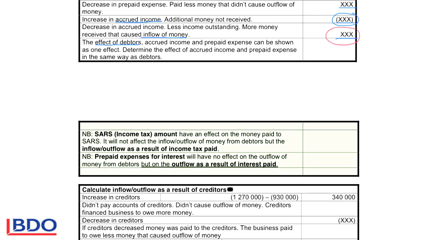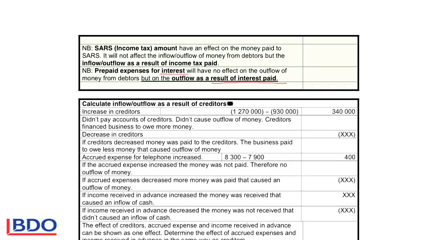So SARS income tax will never be added to the debtors figure. Prepaid expense in connection with interest will not have an effect on the money from debtors, but it will have an outflow as a result of interest paid. And that is also shown separately on the face of the cash flow statement.